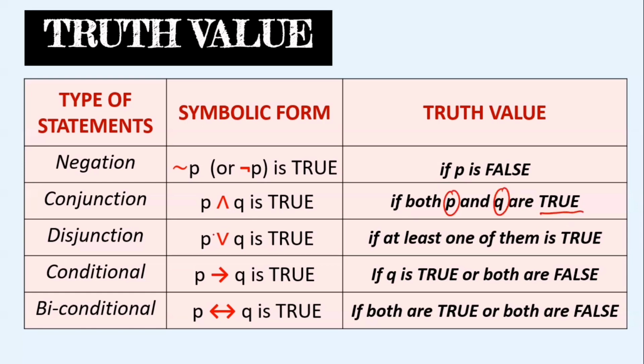Disjunction naman, yung P or Q natin ay true if at least one of them is true. And conditional, true siya. Ito yung if then natin. Okay, true daw yan, yung buong statement na yan, kung yung Q natin ay true or both are false.